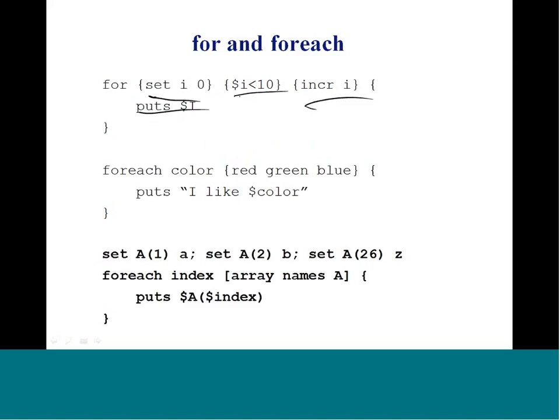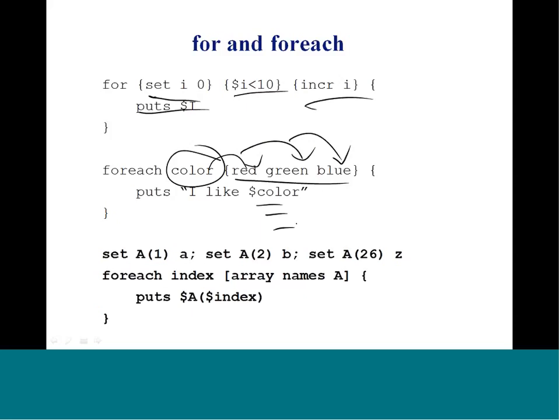And then foreach actually uses a list as its main argument, and it uses another variable in the middle, and this variable is taken through each of the values inside the list. So foreach color red, green, blue, puts I like $color, so it puts I like red, I like green, I like blue.